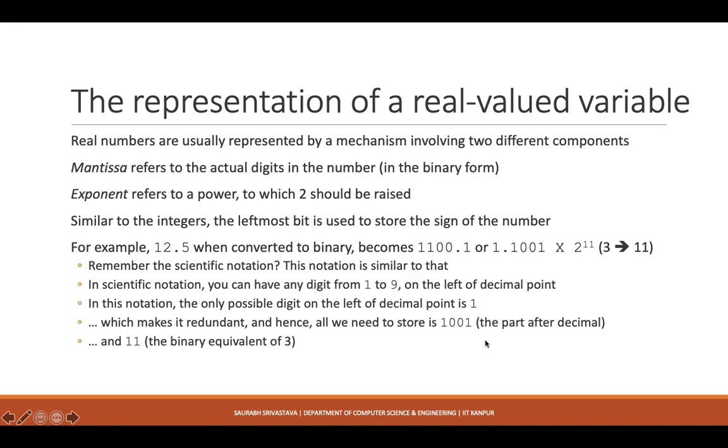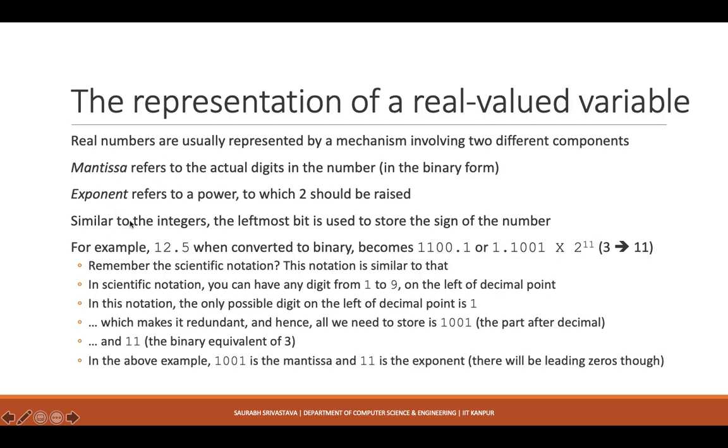And similarly, if I also store this exponent, 11 in binary format, which is basically the equivalent of 3, if I have these two pieces of information, 1001 and 11, with the help of this I can reconstruct this, and with the help of this I can reconstruct this. So this is the idea of mantissa and exponent.